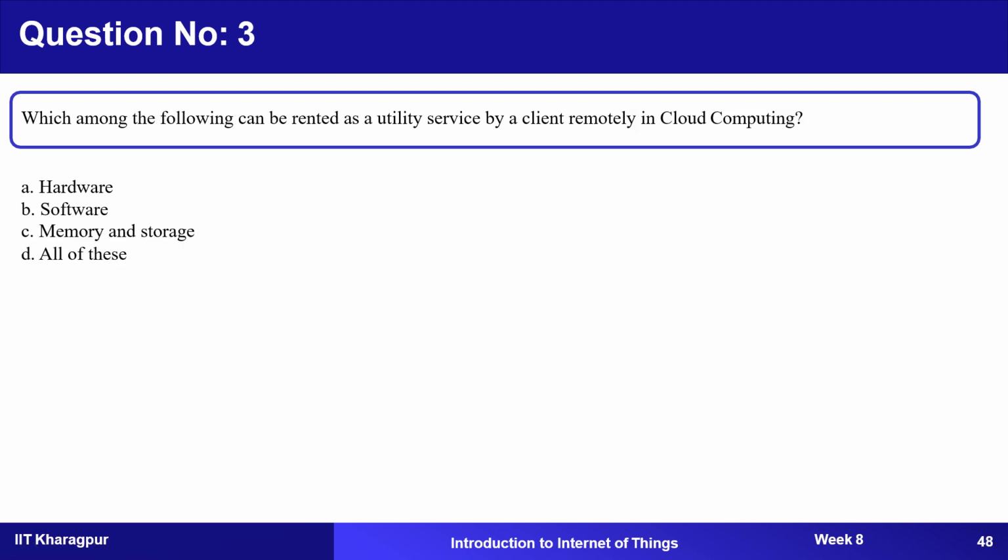Next question is, which among the following can be rented as a utility service by a client remotely in cloud computing? Options are hardware, software, memory and storage, all of these. Anyone?